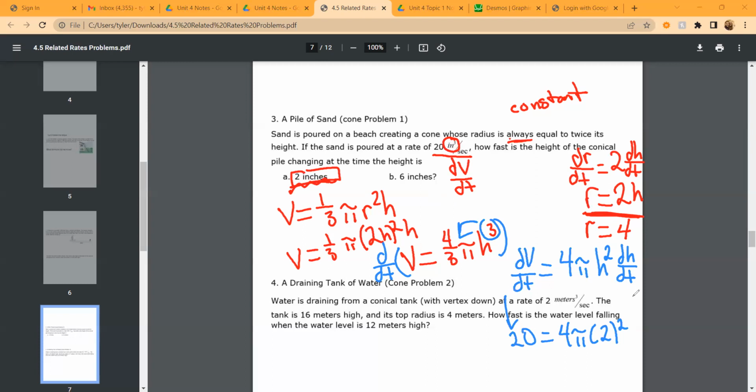And then dh dt is going to be what we're trying to solve for. And so this simplifies down to just 16 pi. Let's divide that over and get dh dt is equal to, what would that be? 5/4 pi. And this is in inches cubed per second. And so this would be inch per second.